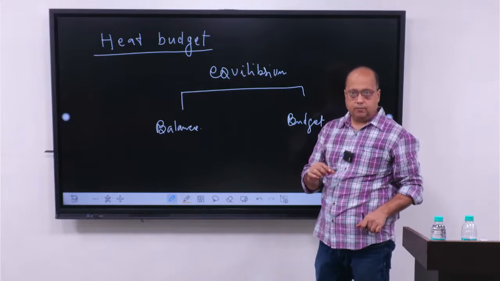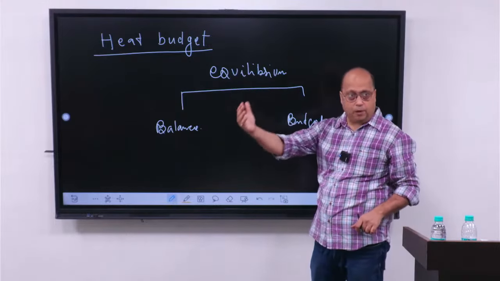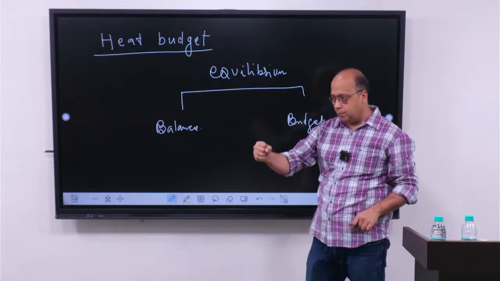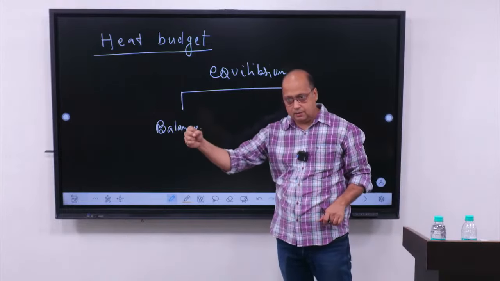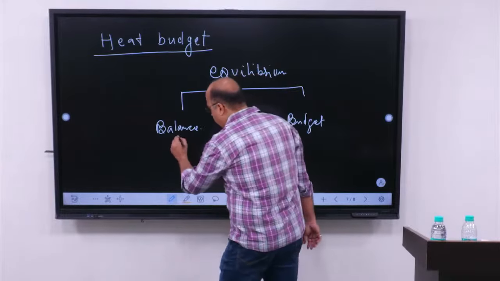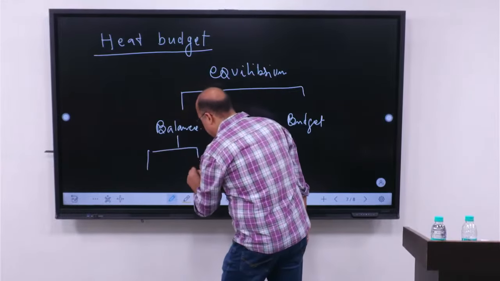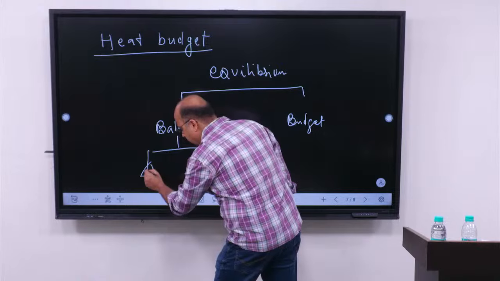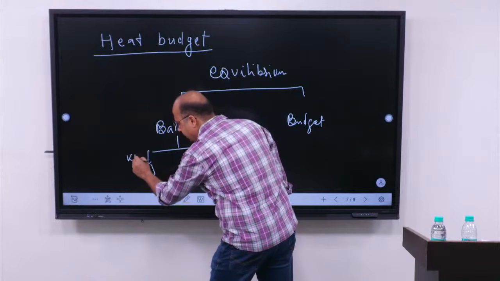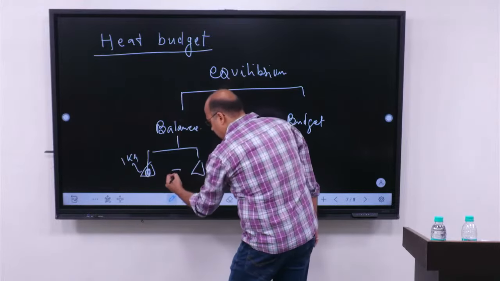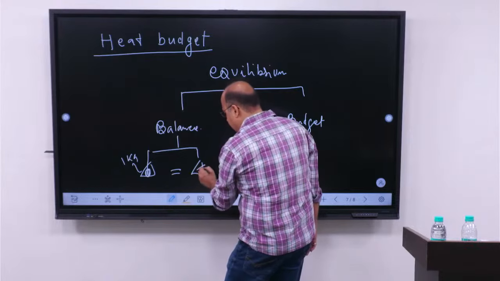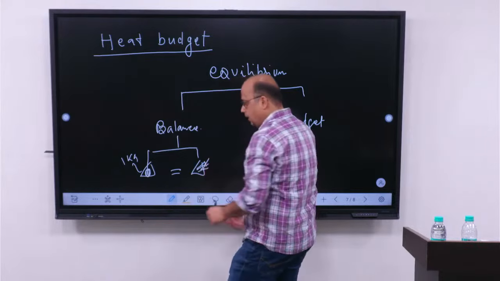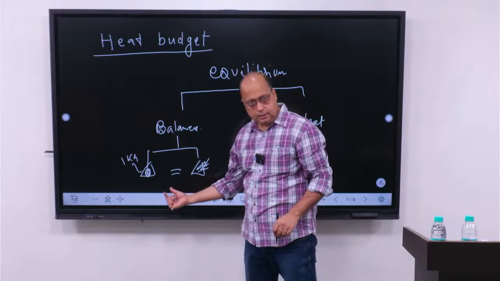Now what is balance? When you go to the market, you buy something, and when you have to buy weight-wise, you balance. Whenever we buy any vegetable, we keep a weight here, 1 kg weight, 2 kg weight, and on the equilibrium level we keep a vegetable here, right? And then we balance, right?